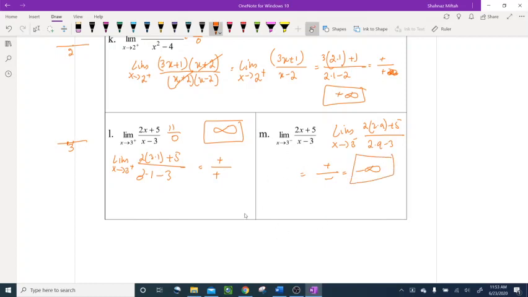Now, if there was a question like limit x approaches 3 of 2x plus 5 over x minus 3, then I have to give them from the left and from the right because I'm getting undefined, number over 0, when I did the direct substitution. Then I have to give them arbitrarily close left and right. This is my right, that's my left. I get positive and negative infinity.